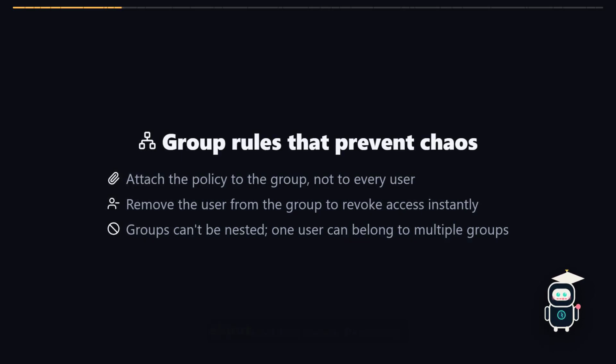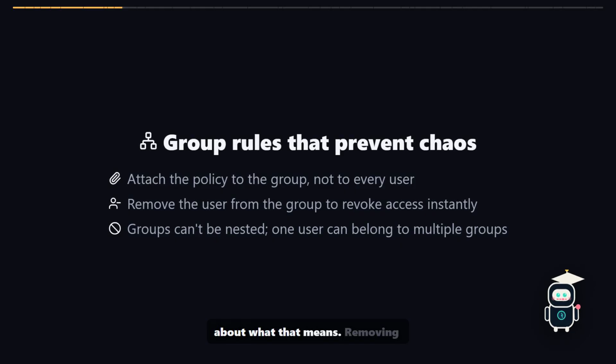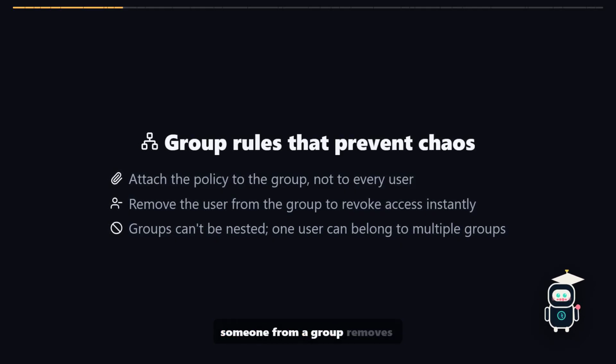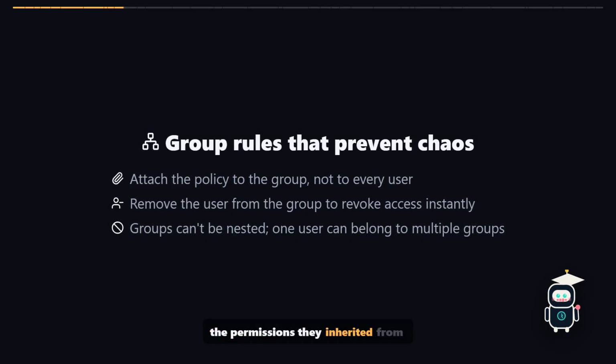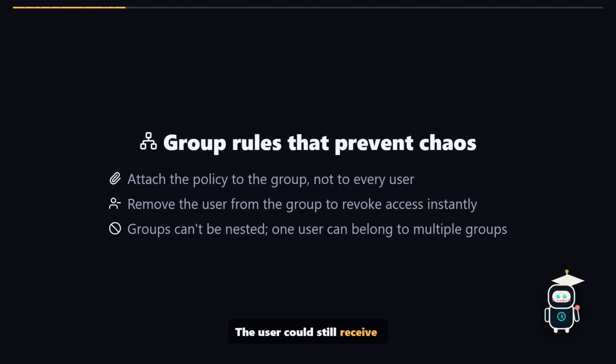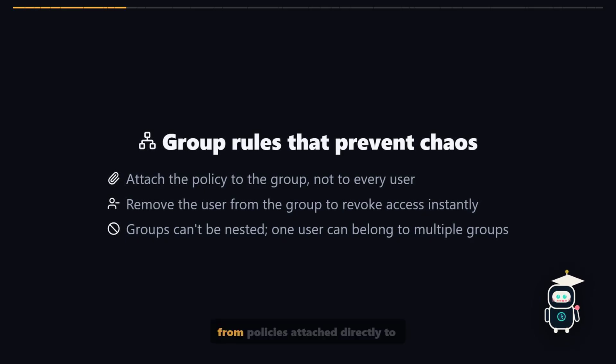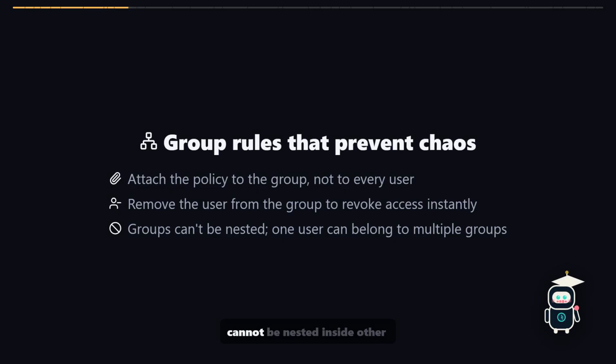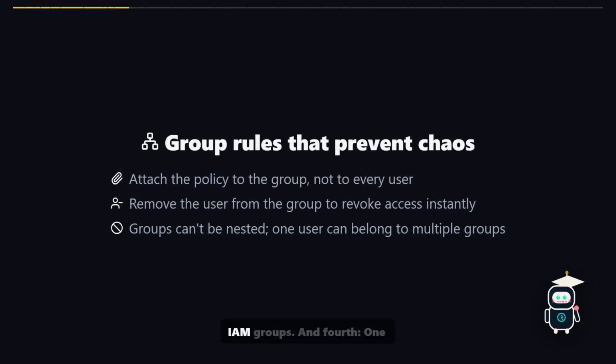But be precise about what that means. Removing someone from a group removes the permissions they inherited from that group. It doesn't guarantee the user has no access. The user could still receive permissions from another group or from policies attached directly to that identity. Third, IAM groups cannot be nested inside other IAM groups.